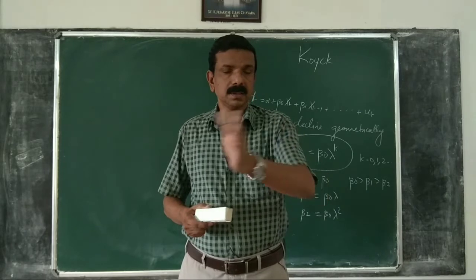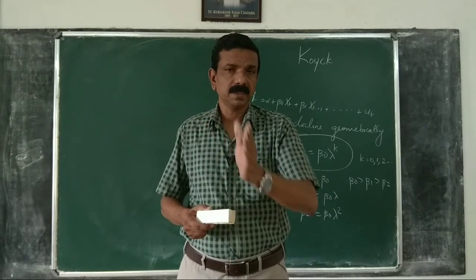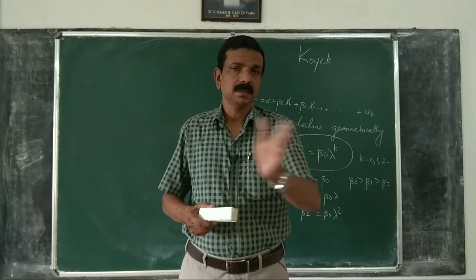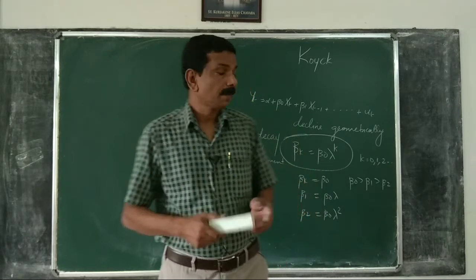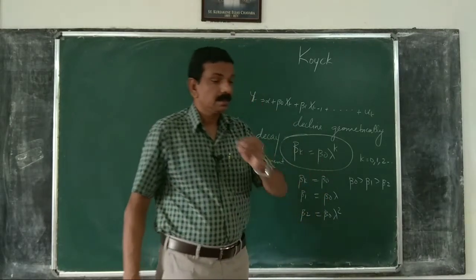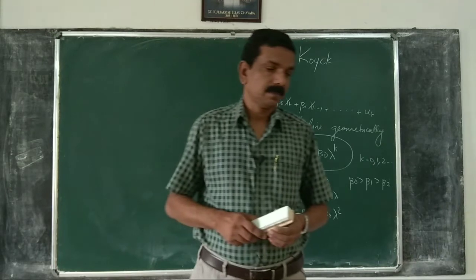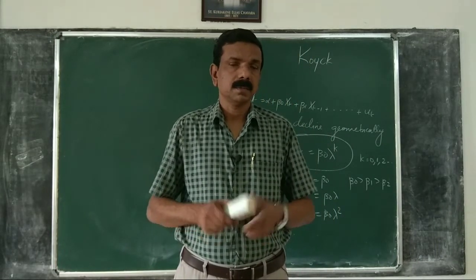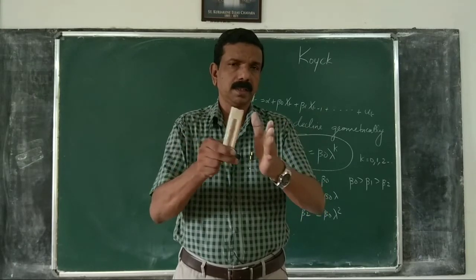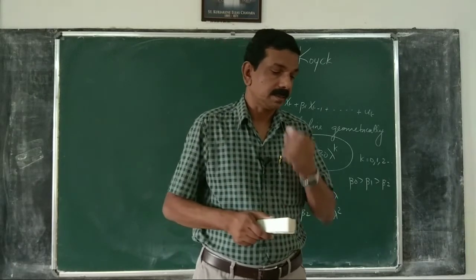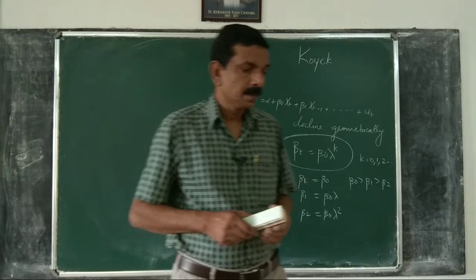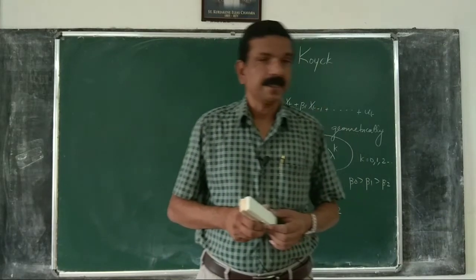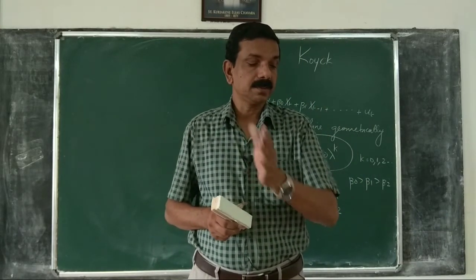That is, recent past has more influence on present than remote past. So, it is a very logical assumption, because it is the nature of economic relationships. And as I told you, if the value of lambda is very high, speed of adjustment is low.